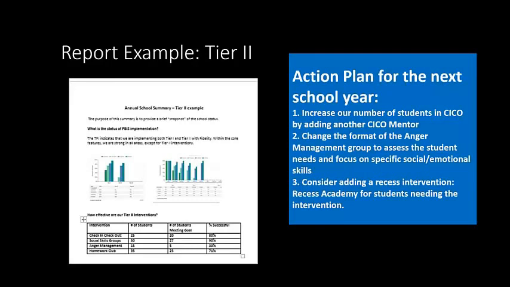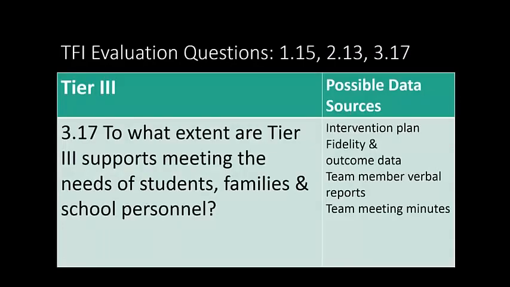This school also wanted to consider adding a recess intervention, Recess Academy, for students needing that intervention for the next year. In Tier 3, the evaluation question talks about the extent to which Tier 3 supports are meeting the needs of students, families, and school personnel. Again, there are possible data sources at the right.